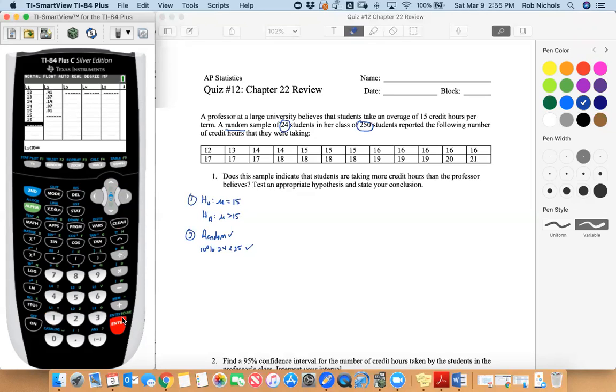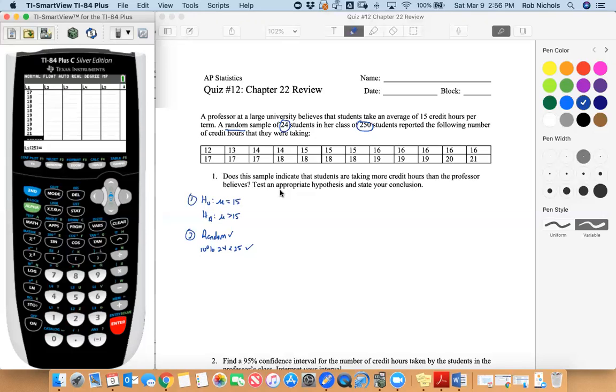I have five 16s, three 17s, four 18s, three 19s, a 20, and a 21. All right, so there are my data in.